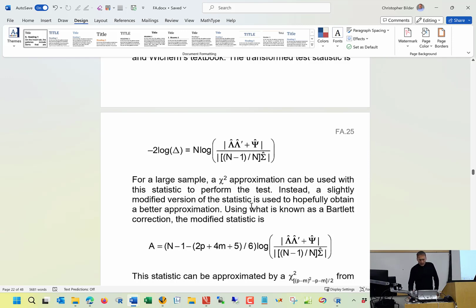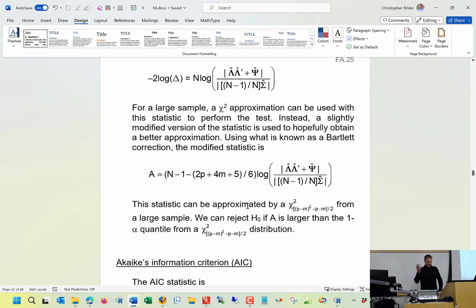Now, what people who do research in statistics, such as me, are often concerned about is how well this chi-square distribution approximation actually works. And if there's cause for concern, can I get a better approximation?